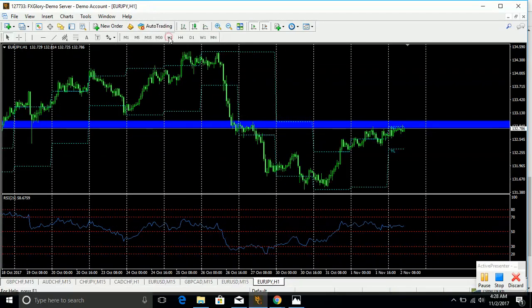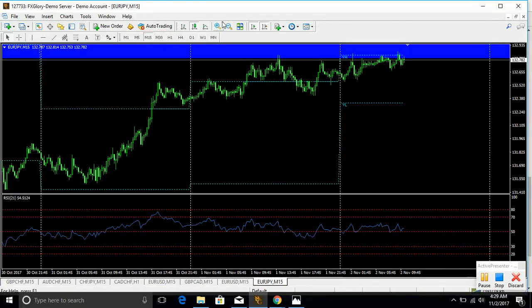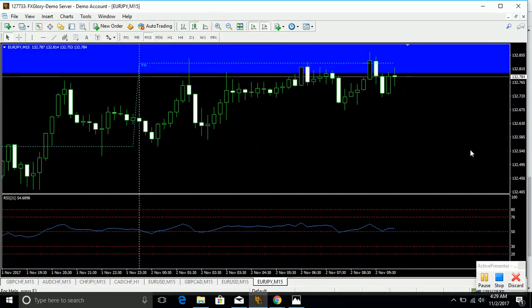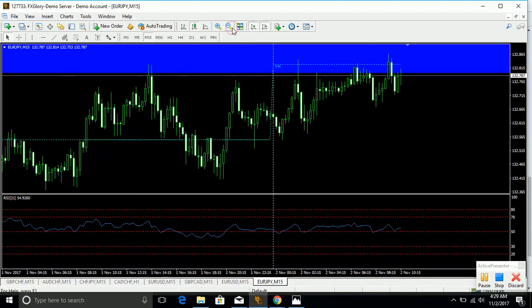So with all that being stated, here on the 15-minute chart, we can pretty much wait for another candle to close. This is a doji, so this is indecision. We can't really tell what it's doing based on that. But just eyeballing it, I would buy the Euro JPY. But to be more precise, we'd wait for another 15-minute candle to close.